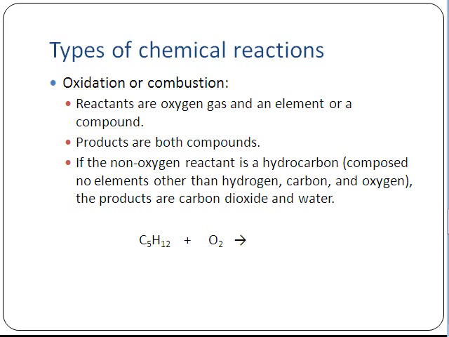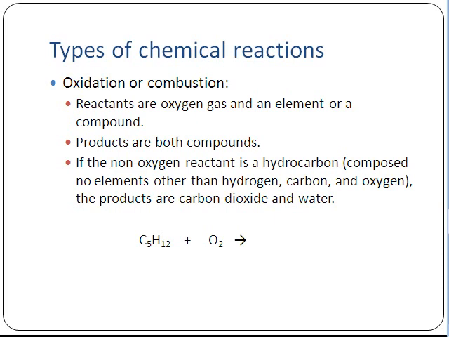So, in an oxidation reaction or combustion reaction, the reactants are oxygen gas and some other element or some other compound. So we basically take oxygen plus something else, and that's going to give us our oxidation reaction. The products are going to be 2 different compounds. So we have some element or some compound plus oxygen yields a compound and another compound.